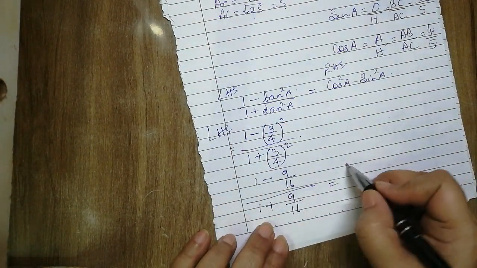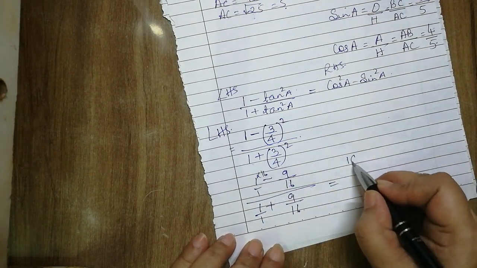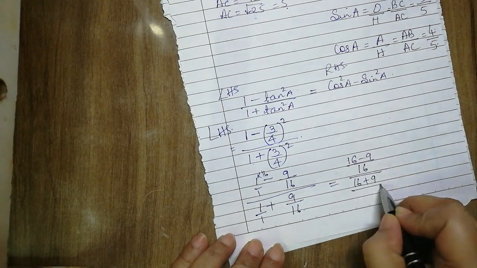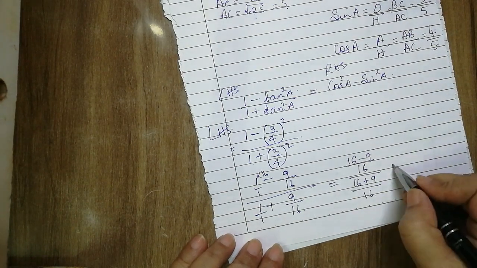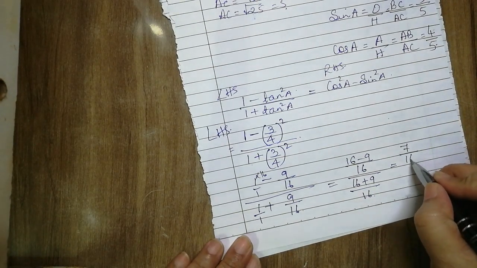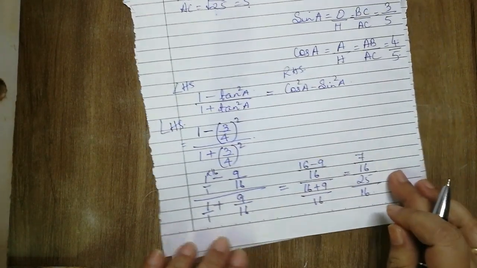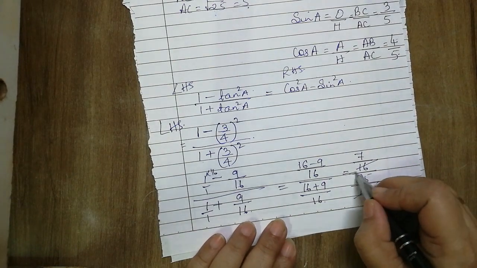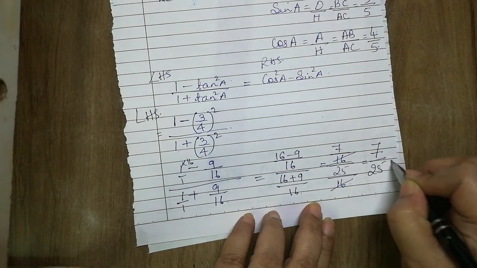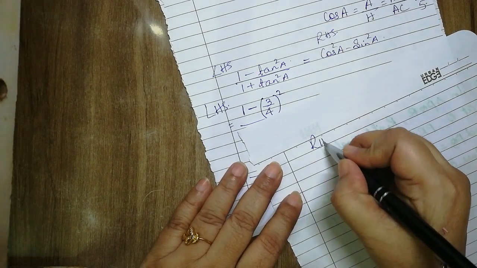If I take this as 1 by 1 again, LCM will be 16. 16 minus 9 by 16, then 16 plus 9 by 16. So we get here 7 divided by 16, 25 by 16. So when you take the reciprocal, the 16 gets cancelled. So the answer here will be 7 by 25. Which one? LHS.